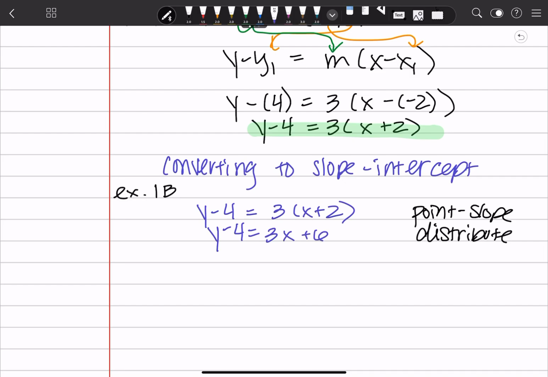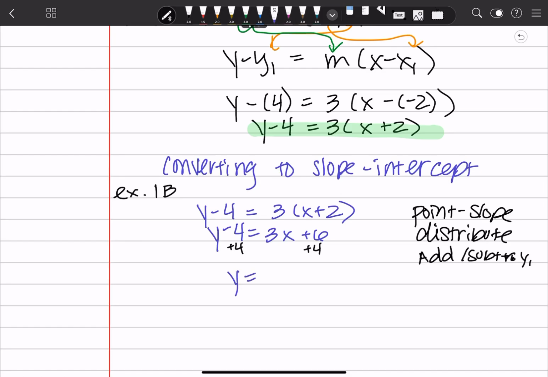All right. Next, you're going to use, in this case, it'll be addition, but it can be adding or subtracting, your y1 value. So we're going to add 4 to both sides so we can get y isolated.